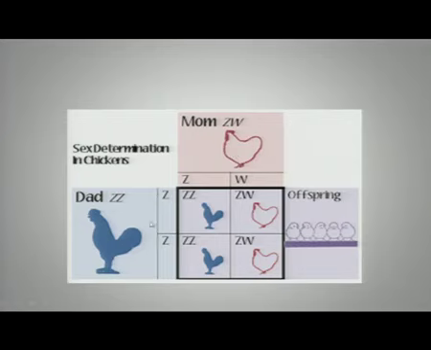Here we can see the combinations and gamete formation. ZZ is male, ZW is female. That means females are heterogametic and males are homogametic.